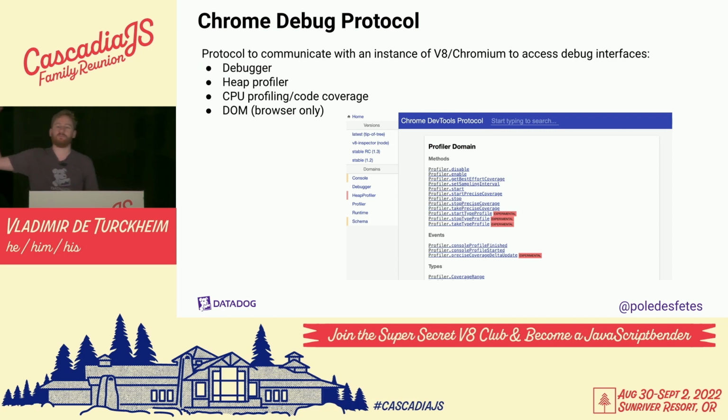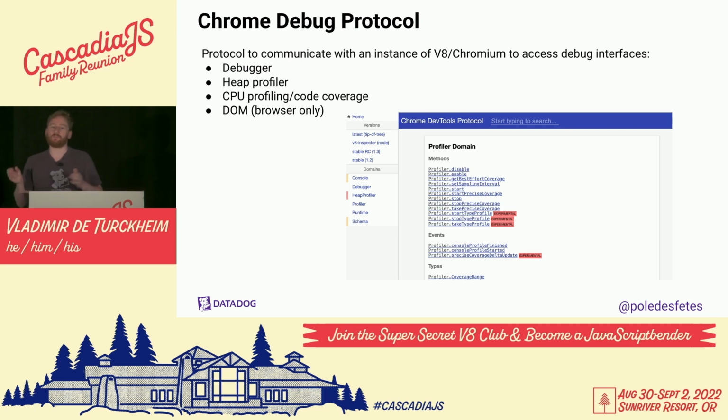Enter the Chrome debug protocol. Chrome debug protocol is basically a protocol you can execute over WebSocket to a V8 target, or to a browser that implements it as a target. So you can call the debugger programmatically, the heap profiler, the CPU profiler, code coverage data, DOM APIs, DOM debugger, all of them are accessible through the debug protocol.